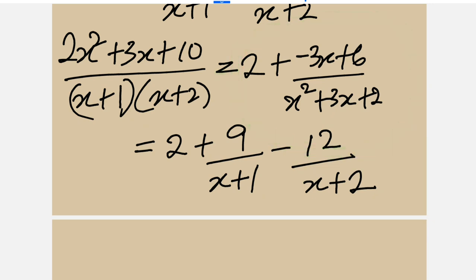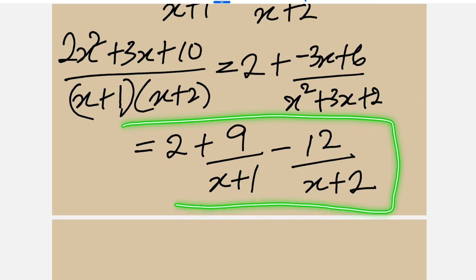So now our final answer is 2 plus 9 divided by x plus 1 minus 12 over x plus 2.